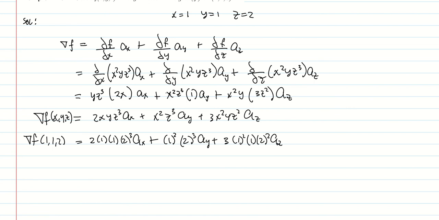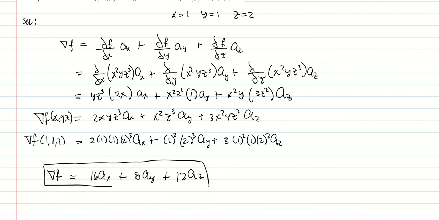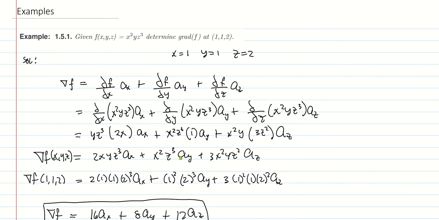So the vector del f will be equal to 2 times 2 times 2, 4 times 2, 8 times 2, 16 ax, plus 8 ay, plus 2 times 2, 4 times 1, 1 times 3, 12, so 12 az. So this is now the actual gradient vector at (1, 1, 2).